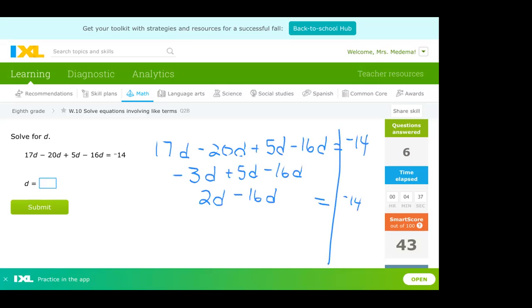And then combining 2 and a negative 16 is like adding the opposite. So you subtract, you get 14. 16 is the bigger number, so it's negative. D equals negative 14. Divide by negative 14. Same on top, same on the bottom. Answer is 1. Not a 1, not an I.